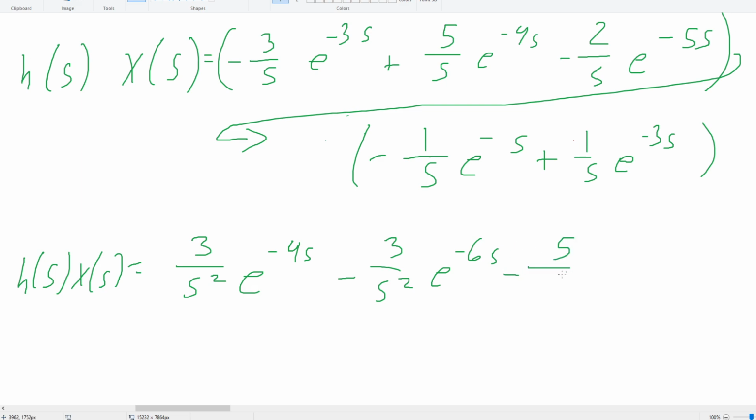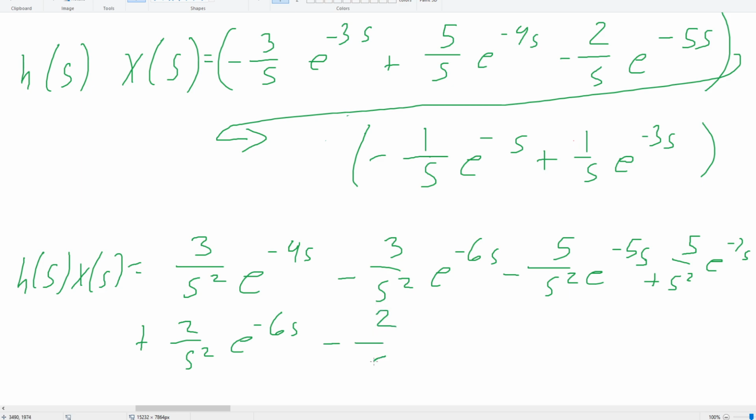Minus 5 over s squared e to the negative 5s, plus 5 over s squared e to the negative 7s, plus 2 over s squared e to the negative 6s, minus 2 over s squared e to the negative 8s. Right, so this is your equation.